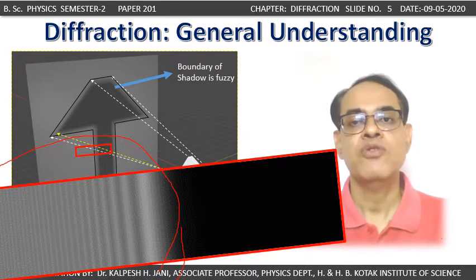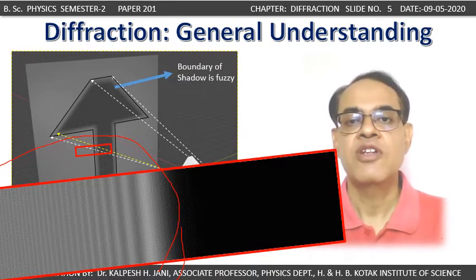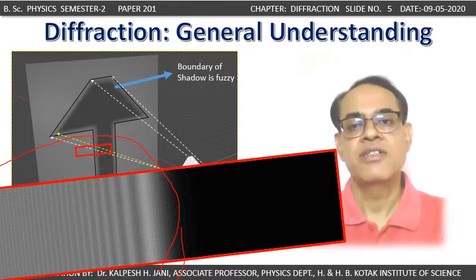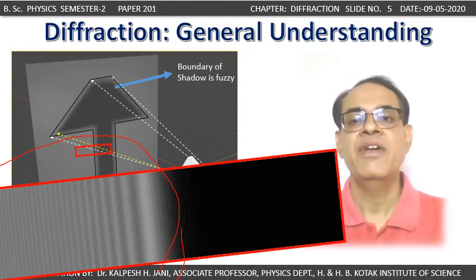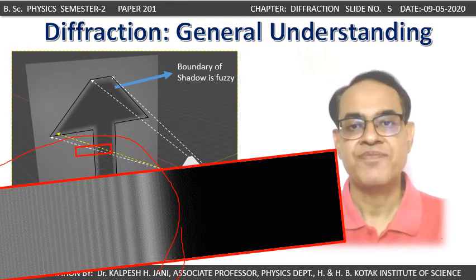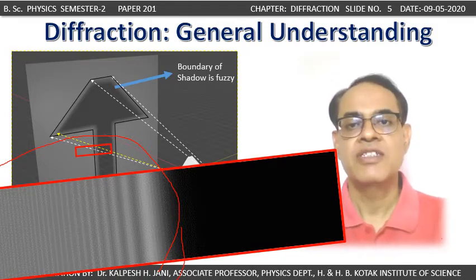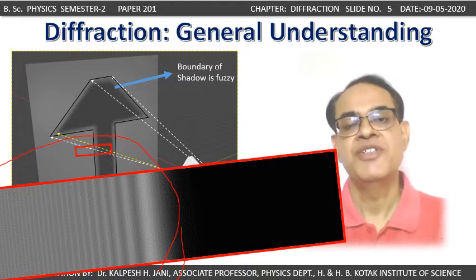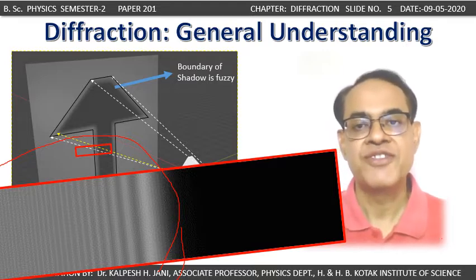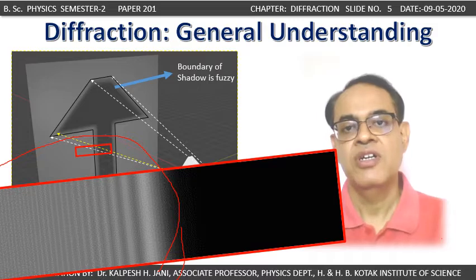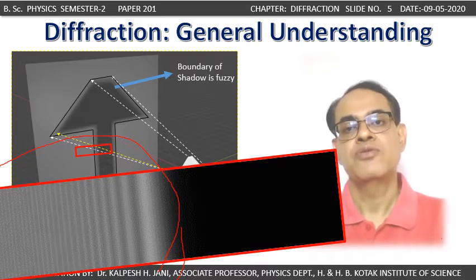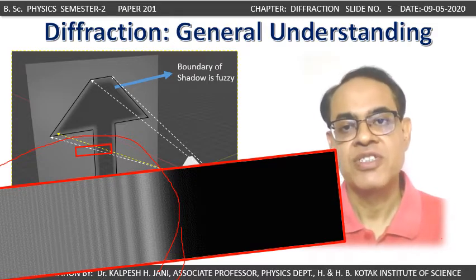If we have to grossly define the phenomenon of diffraction, it is the bending of light rays from the edge of the obstacle and the subsequent interaction of these bent light rays with each other, going into some type of interference.